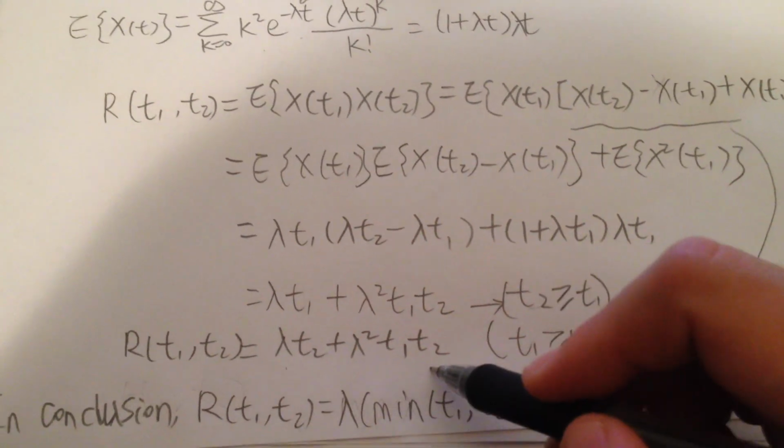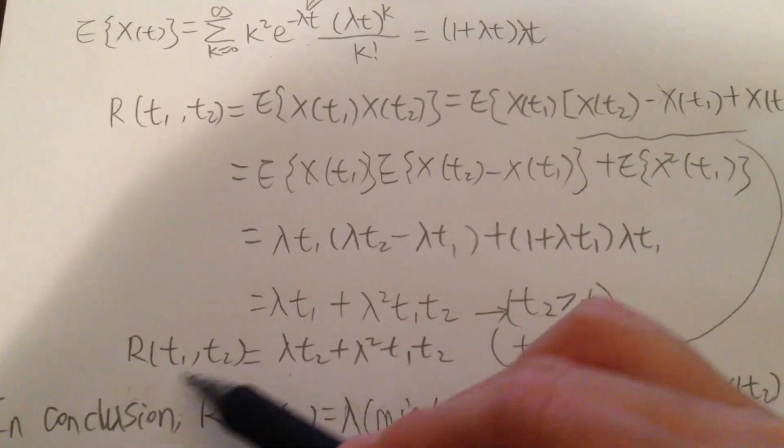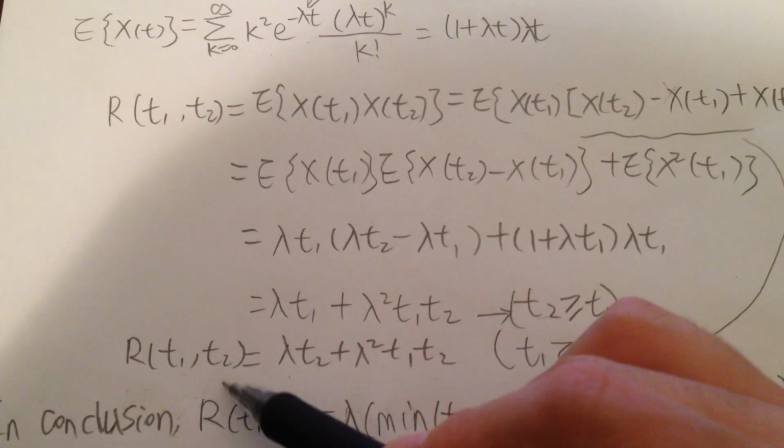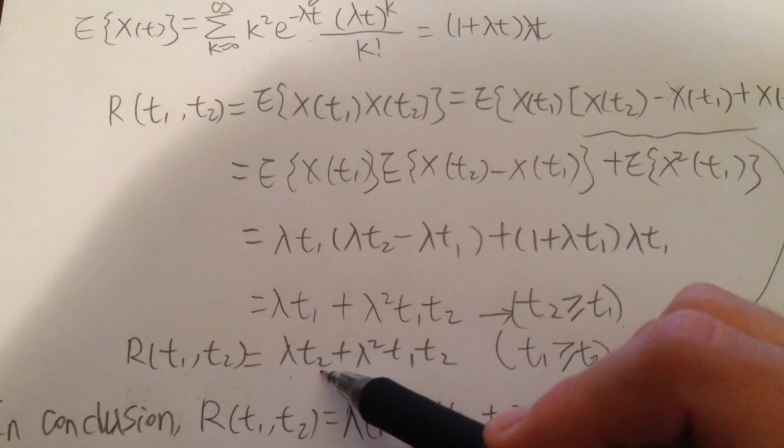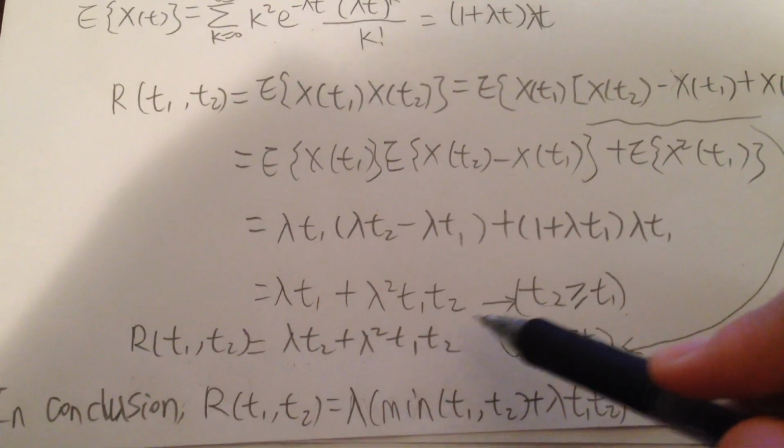This formula is the answer when t1 is greater than t2. So R(t1, t2) equals lambda t2 plus lambda squared t1 t2.